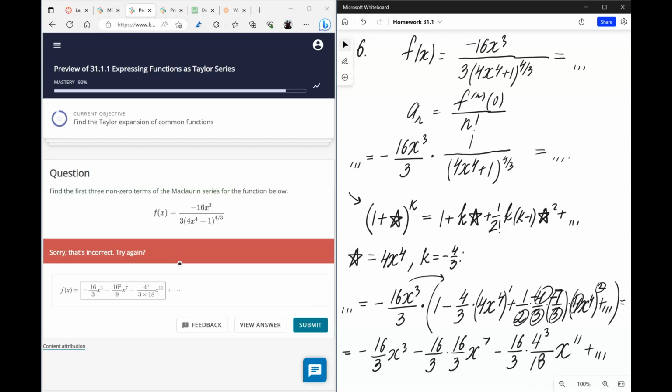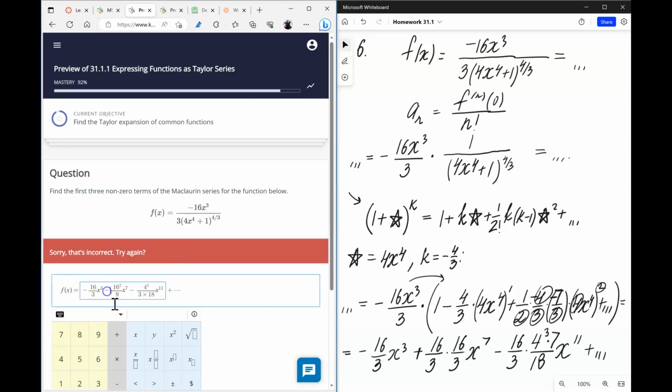And what's going to change? The sign here is now positive, and here we're still going to have 4 to the power 3. We're still going to have 16/3, but we're also going to have this 7 as a coefficient. So to adjust the answer, we put plus over here, and we change this.